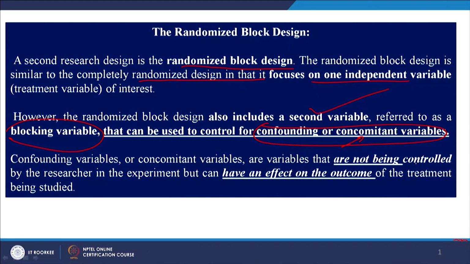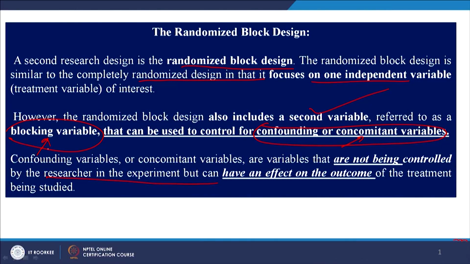These variables are actually not being controlled by the researcher in the experiment. So, we need to control them in one way or the other. So, the blocking variable helps us in controlling confounding variables. We will take examples of these confounding variables.